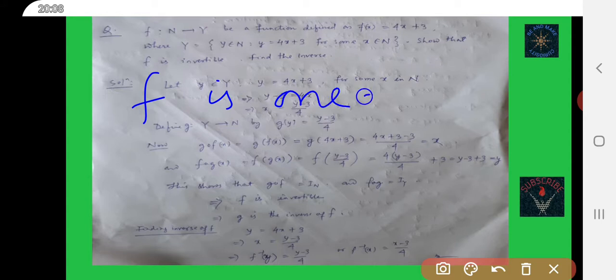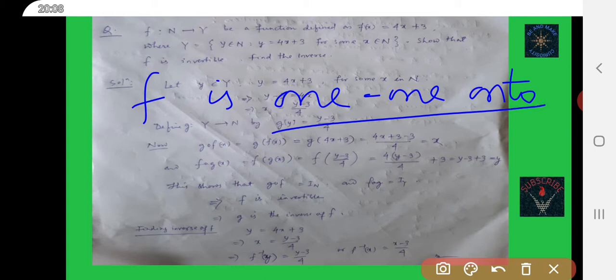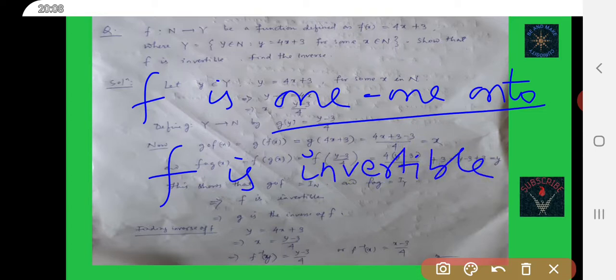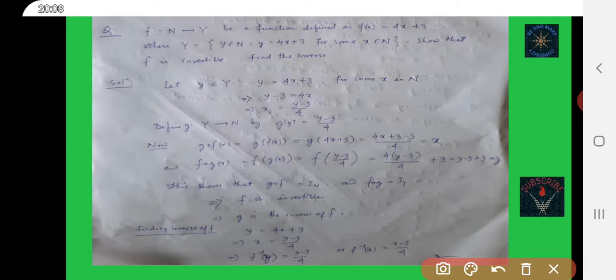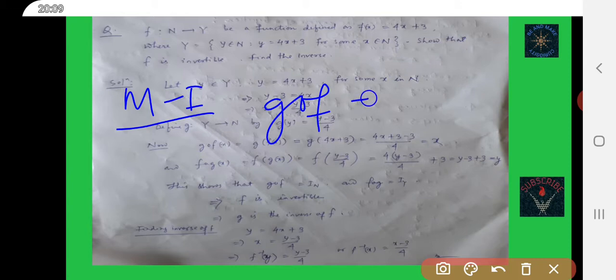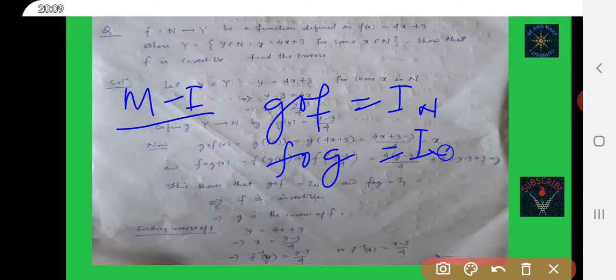So f is a 1-1 onto function. So we can say f is invertible. Understood? Okay, first you show in method 1, gof is equal to I_N, fog is equal to I_Y, to check whether the function is invertible or not.